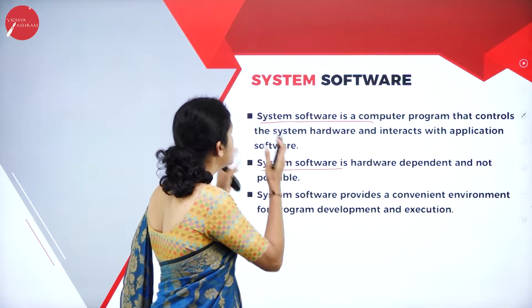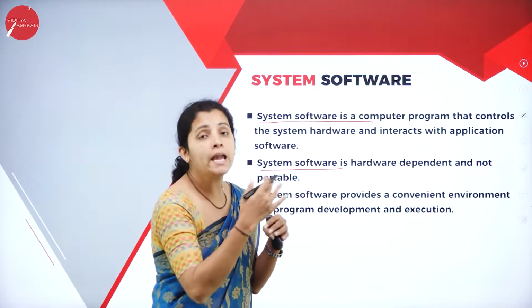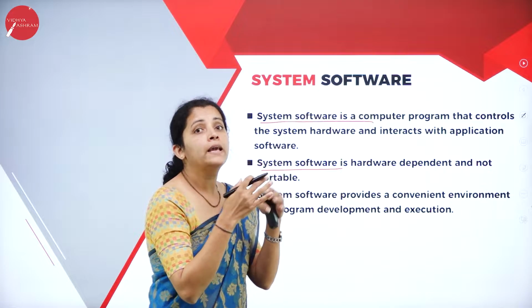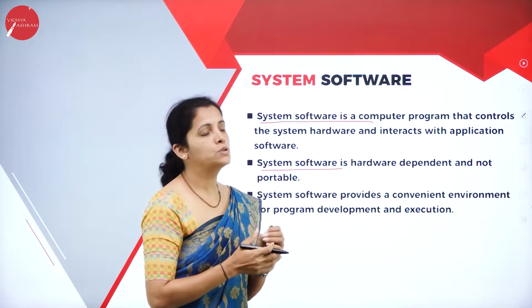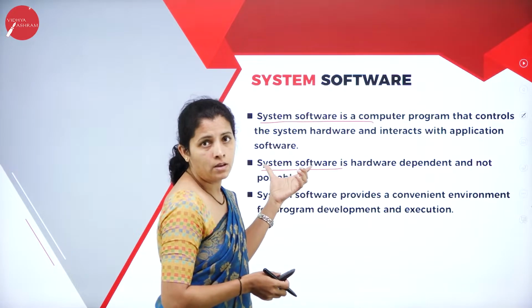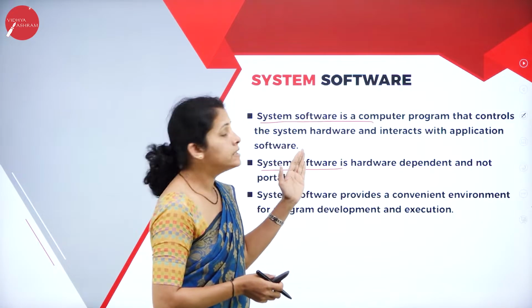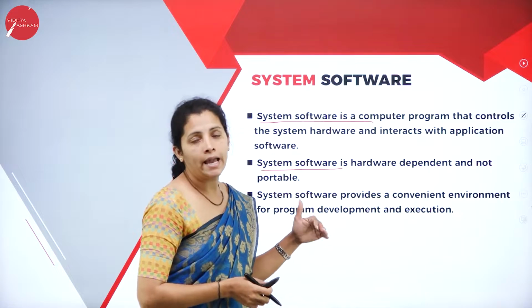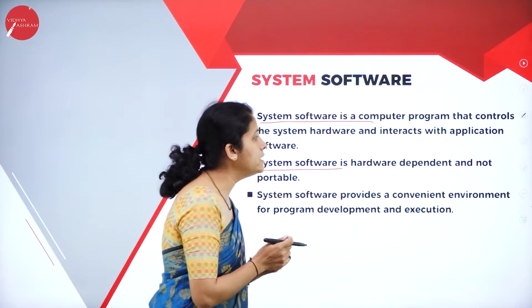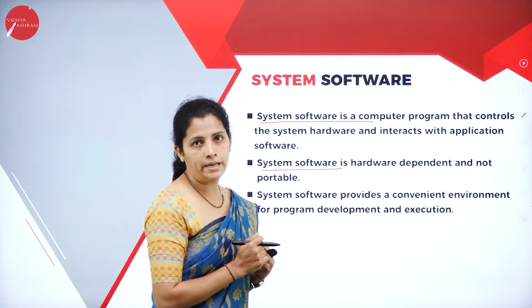If I design system software for the AMD processor, then it is dependent on the AMD processor. That means whatever system software I design for Intel, I cannot run on my AMD processor. So here system software is hardware dependent.